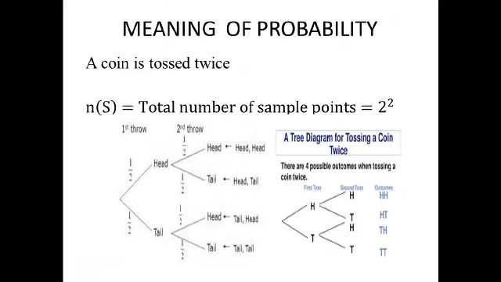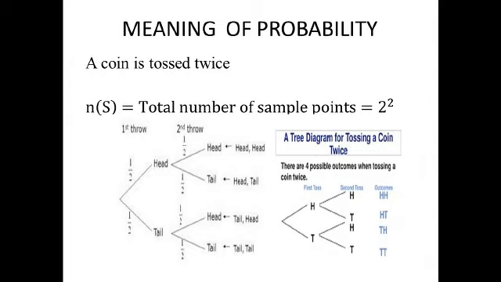Now we go for the next example, when a coin is tossed twice. Then the tree structure is as follows. For the first toss of the coin, you may get a head or a tail. If you get a head in the first toss, then the second toss can be either a head or a tail. But if you get a tail in the first toss, then the second toss can be either a head or a tail.